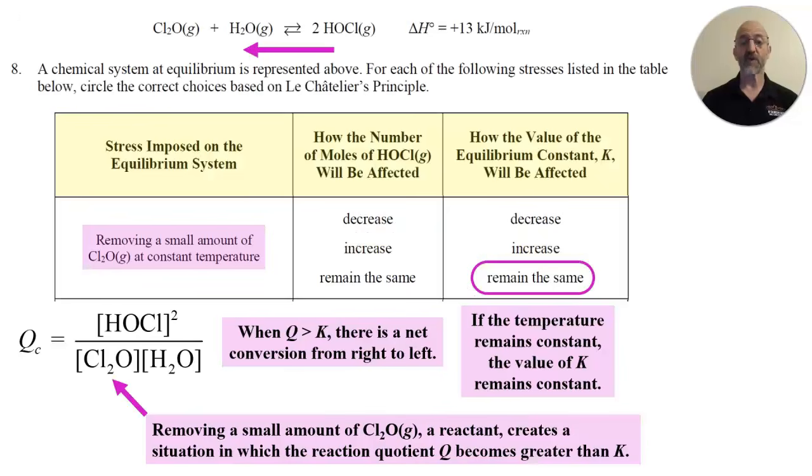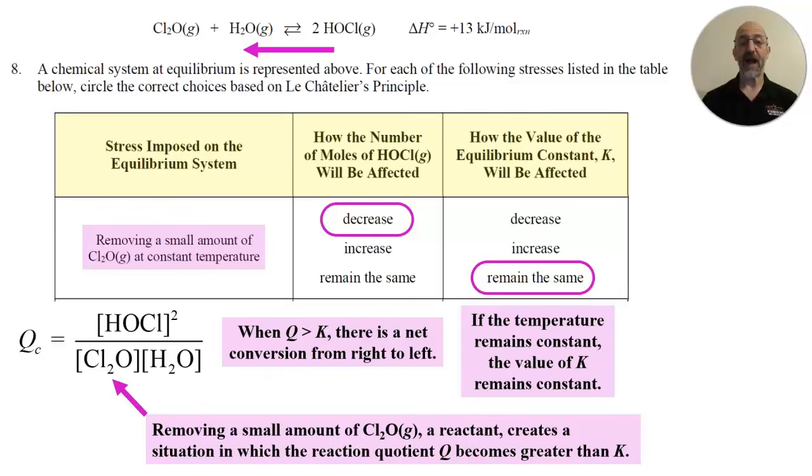So you can see I have drawn an arrow indicating that when Q becomes greater than K, there is a net conversion from right to left, and so that would mean that the number of moles of HOCl would decrease. So removing a small amount of one of the gaseous reactants will cause Q to become greater than K. The number of moles of HOCl will decrease as the system tries to reestablish equilibrium, but the value of K remains the same because the temperature remains constant.